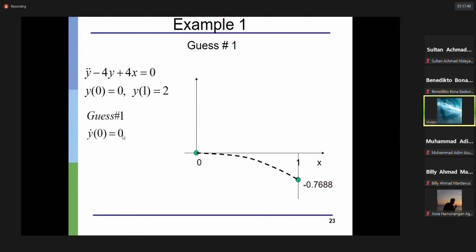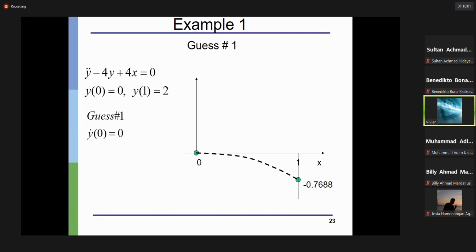So when we use the initial guess of the slope as 0, we can calculate that the value at x equals 1 will be minus 0.7688, while the actual value should be 2. So at x1, y should be 2. We see here that this is very low, below the boundary condition.